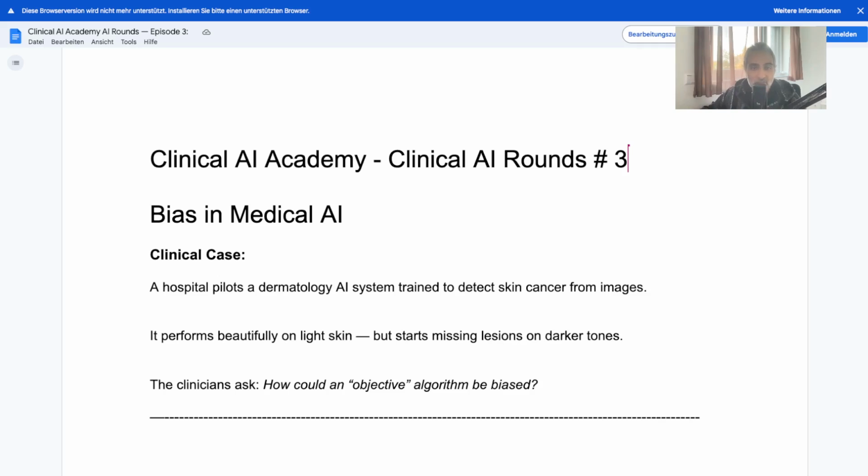So high accuracy may only apply in this case to the population that the model already knows. It does not translate to the population that the model has never seen before. So a model that performs unevenly across patient groups is clinically unsafe, no matter how high its accuracy on paper.